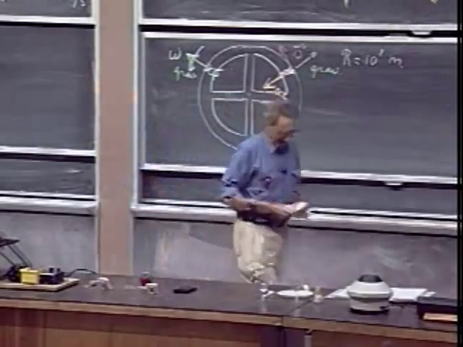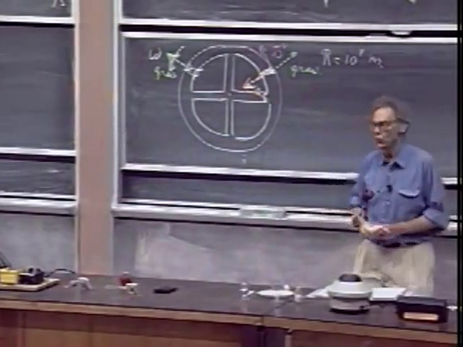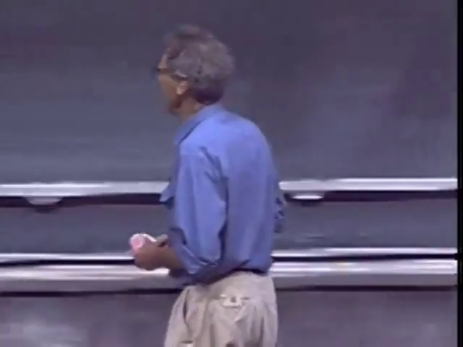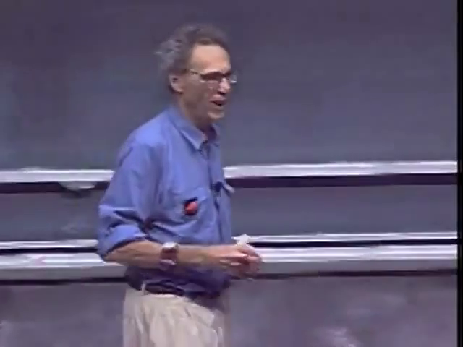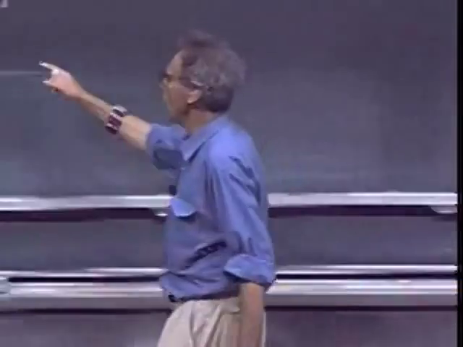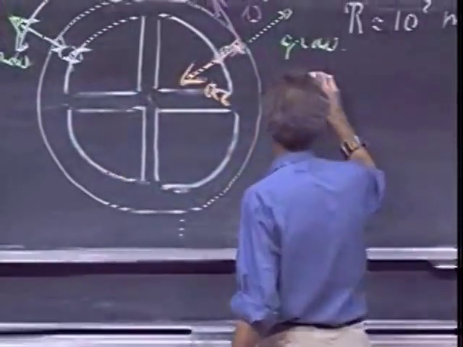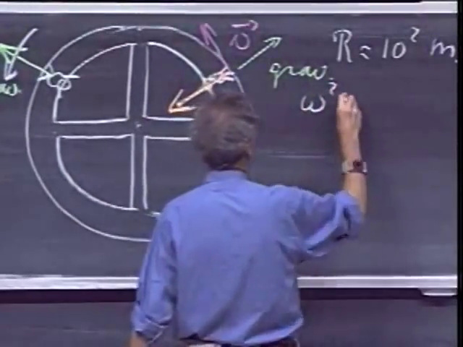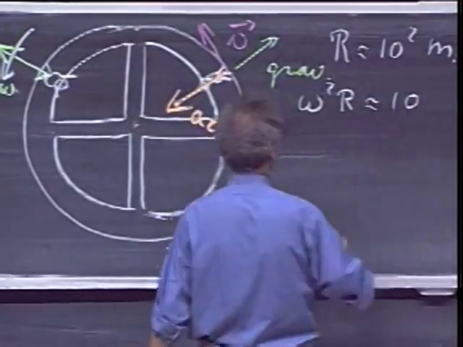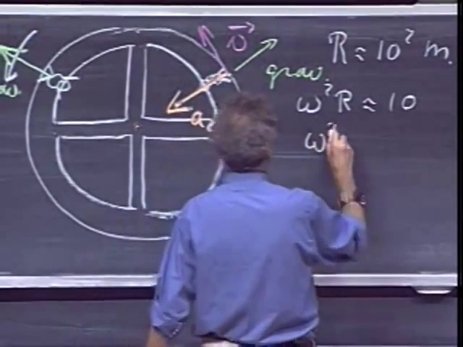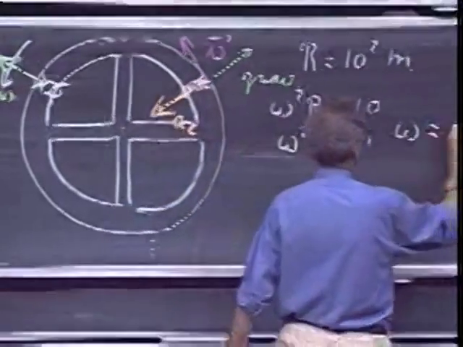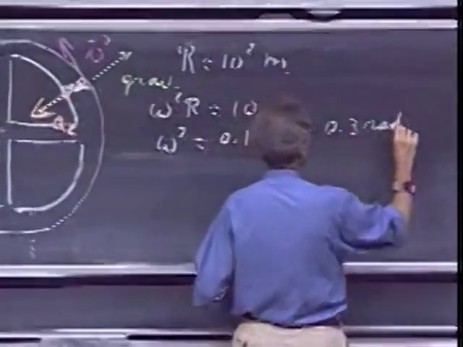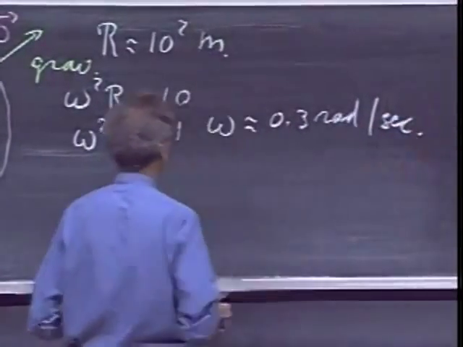So we could now calculate how fast we have to rotate this spaceship to mimic the gravitational acceleration on Earth, which is 9.8 meters per second square. Let's call that 10, just to round it off a little. So we want the people who walk around in this corridor to have an acceleration omega square r, which is about 10. So omega squared is about 0.1. So omega is about 0.3 radians per second.